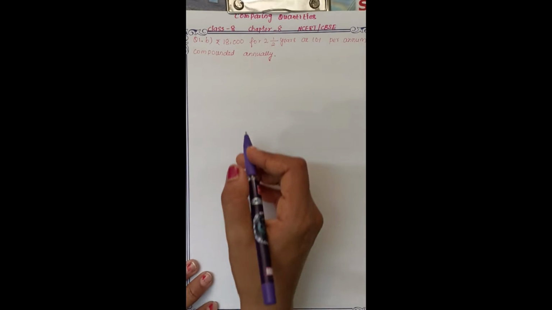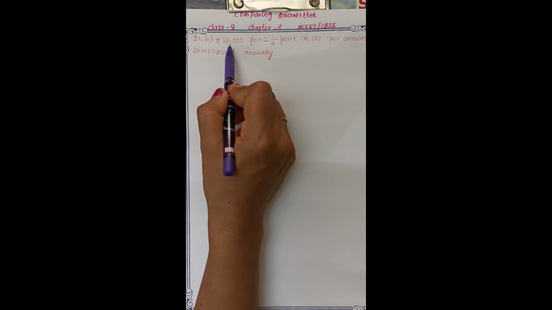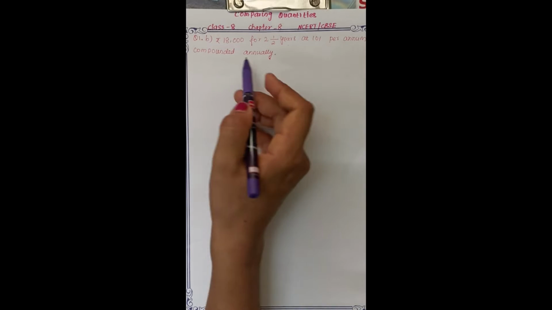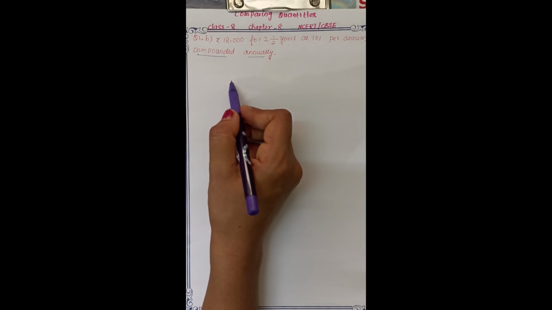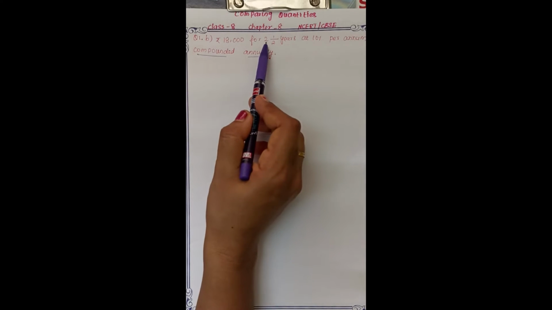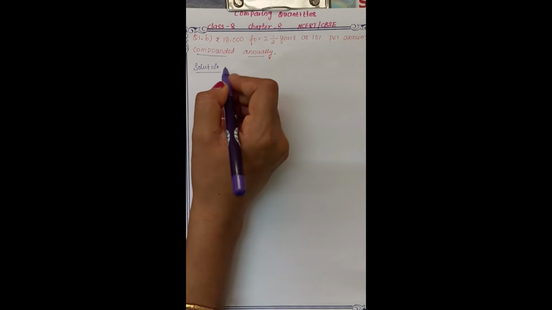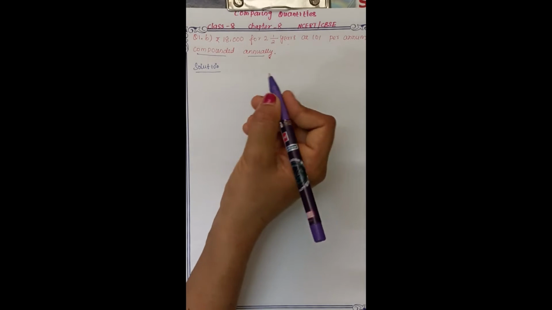Hello students, here we have question 1 B. Rupees 18,000 for 2 1/2 years at 10% per annum compounded annually. So here it is compounded annually. The principal amount is 18,000 and n equal to 2 1/2 years. So we need to find the compound interest. First we need to find the amount and compound interest.